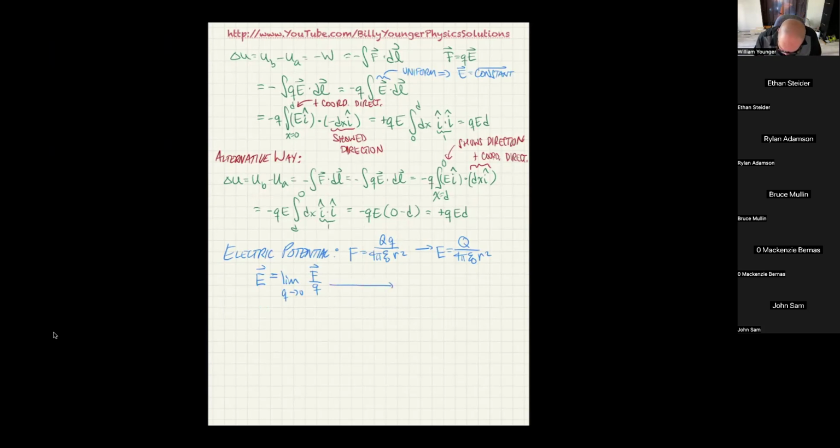Okay. Now in practice, I'll write it like this. In practice, you pretty much always have F is equal to QE, meaning we can sort of ignore the limiting process.